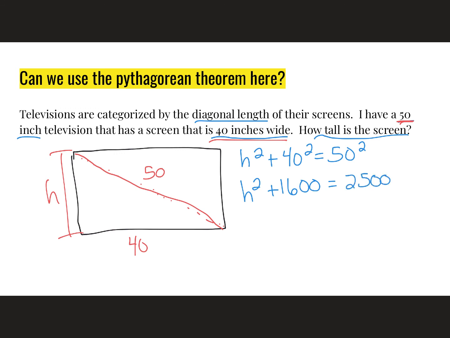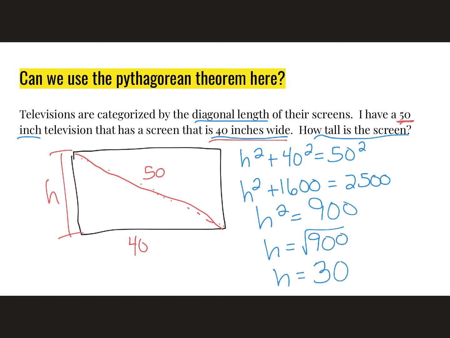I'm going to subtract the 1600 from both sides. You get h squared equals 900. Then I take the square root. So h equals the square root of 900. Check that, because if you put that in your calculator, you're finding that h is 30. So my television is 30 inches tall.